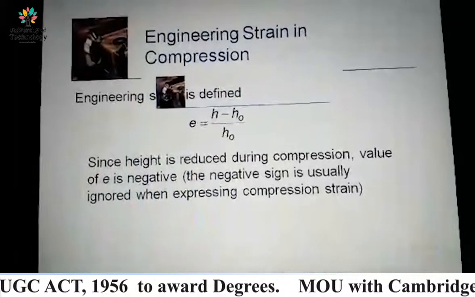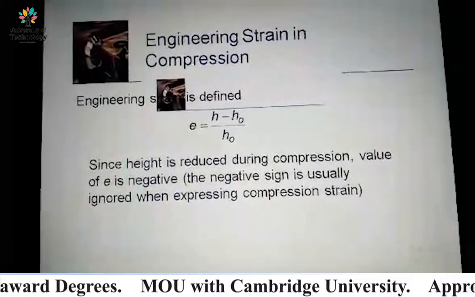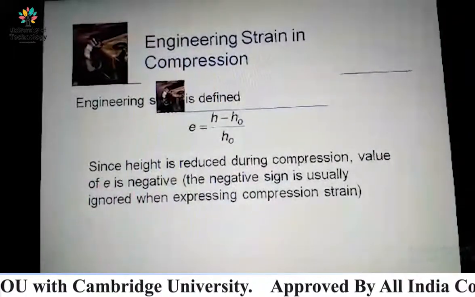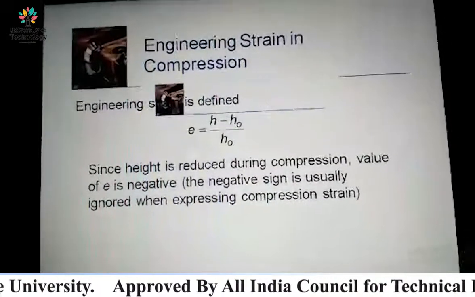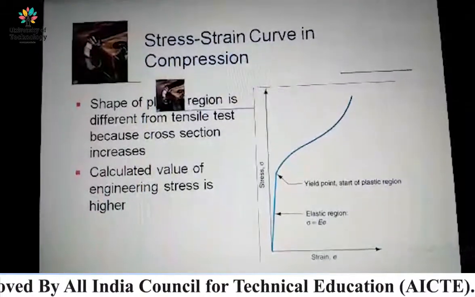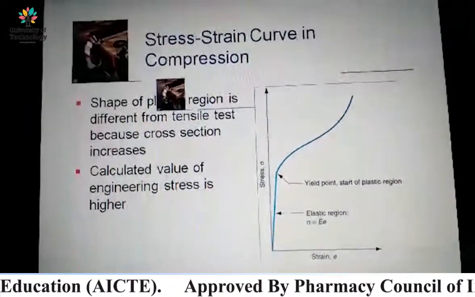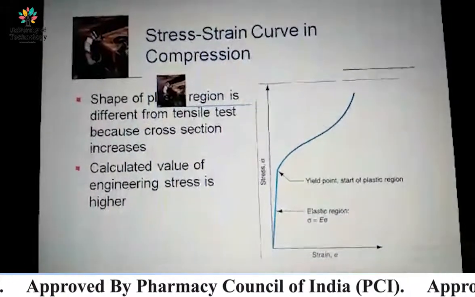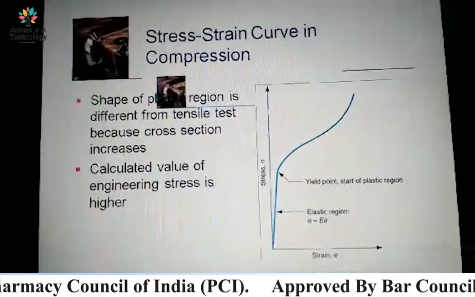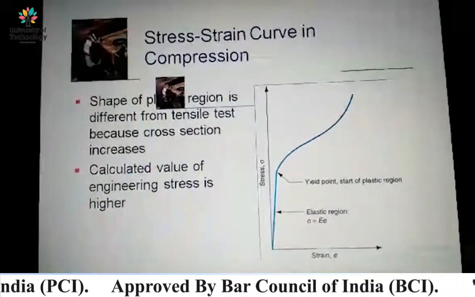The value of e is negative. The negative sign is usually ignored when expressing compression strains, right? And the last, the stress-strain curve in compression. So this is the stress-strain curve for the compression stress. Thank you guys. Thank you.